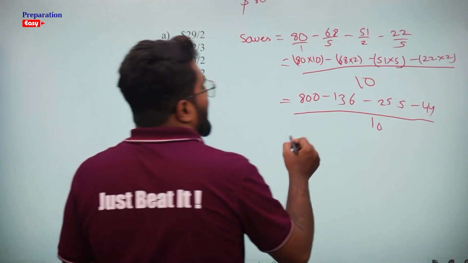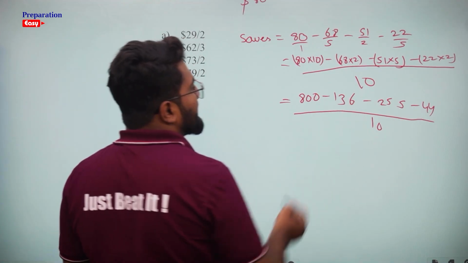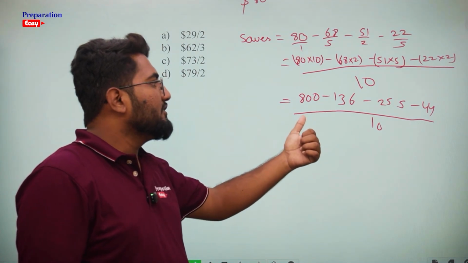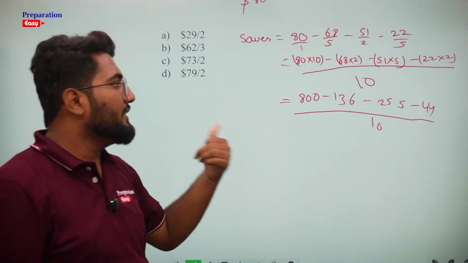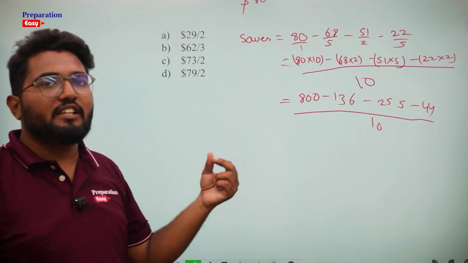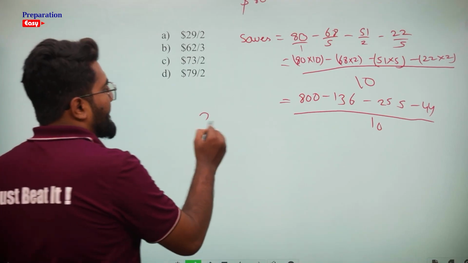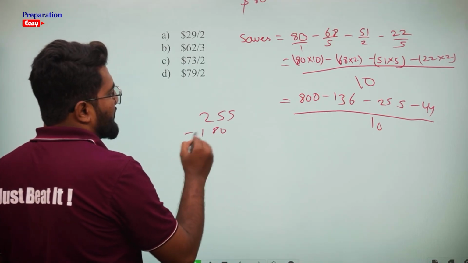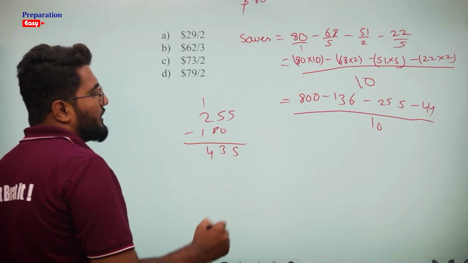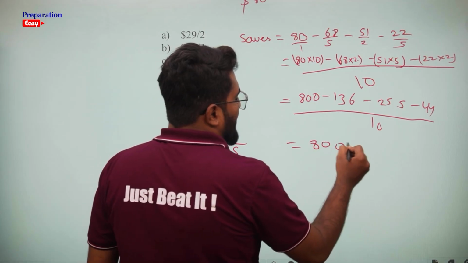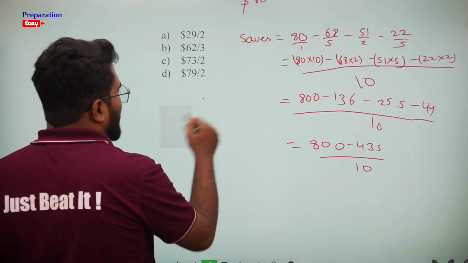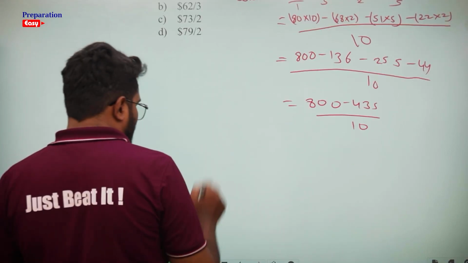Okay, 44 plus 36 gives 180 carry, and 255 plus 180 is 435. So 800 minus 435, divided by 10. This much money he had left, or saved, that day.